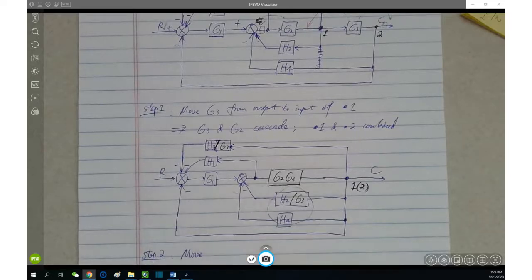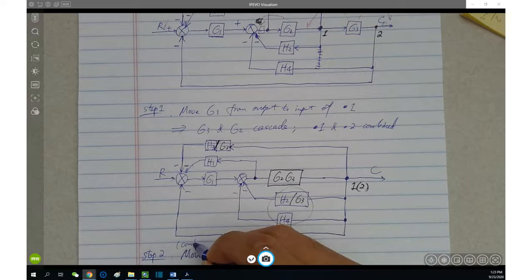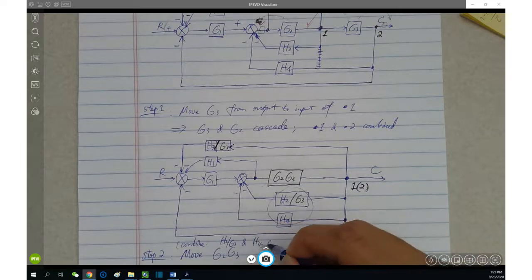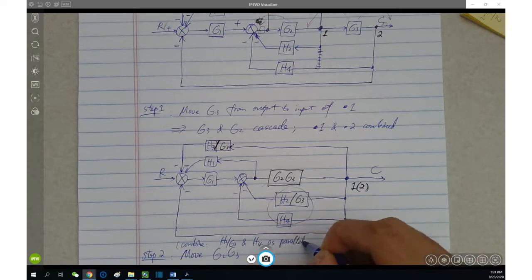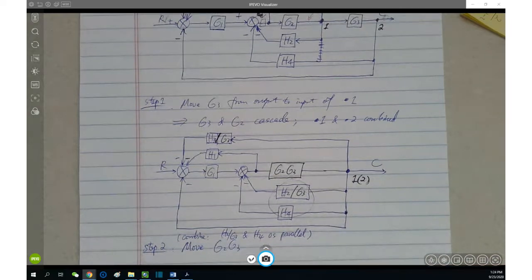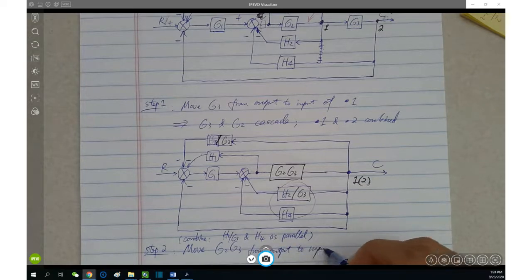And how about moving G2, G3? Of course, before that, you can combine H2 over G3 and H4 as parallel. Of course, you can do that. And then you do the moving. Move G2, G3 from the output to the input of pickoff point 3.